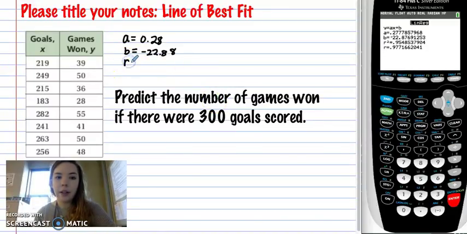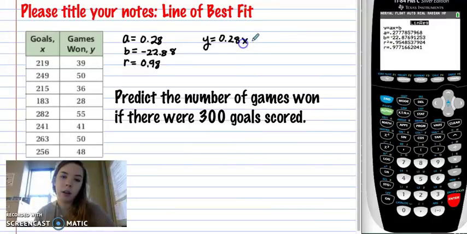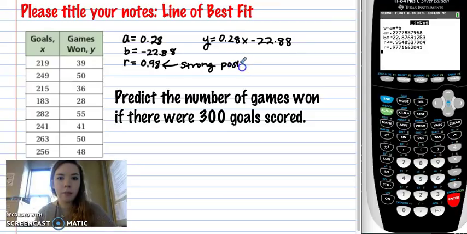And then R is the last thing we want to talk about, is 0.98. Okay, so this equation, it says y equals ax plus b, would be y equals 0.28x minus 22.88. And then this R tells us that we have a strong positive relationship.